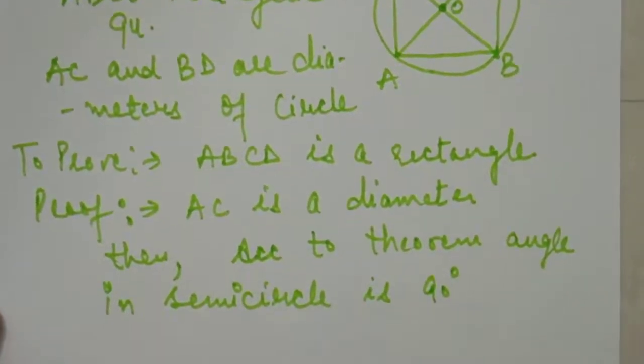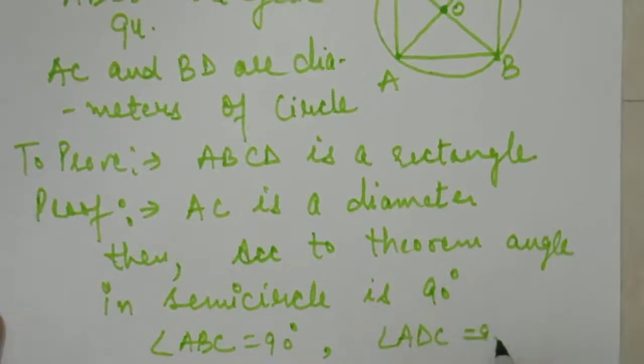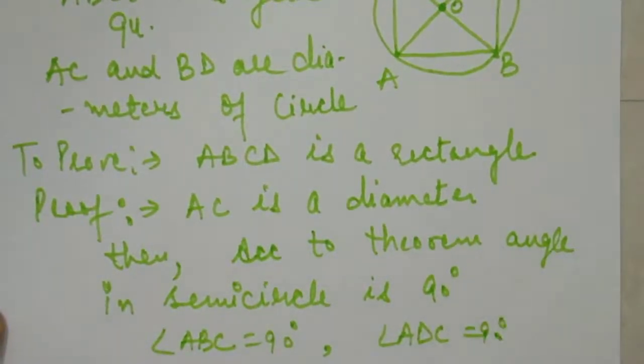So according to our diagram, angle ABC is 90 degrees and angle ADC is also 90 degrees, correct?